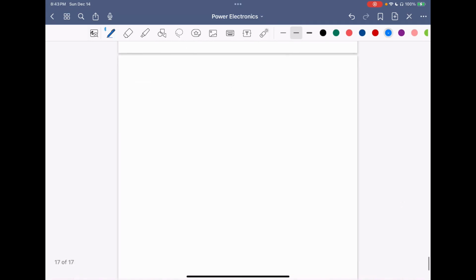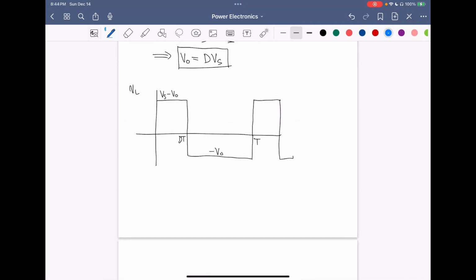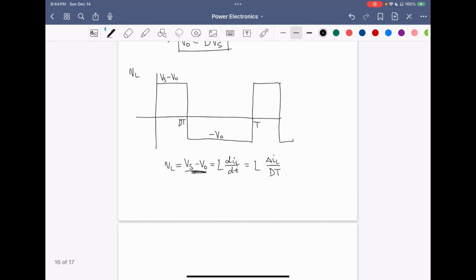So during the dt interval, VL equals Vs minus Vo equals L dIL dt. We can express dIL as delta IL over the time interval dt, because during this entire interval the inductor voltage is a constant value, so the change in inductor current is linear.